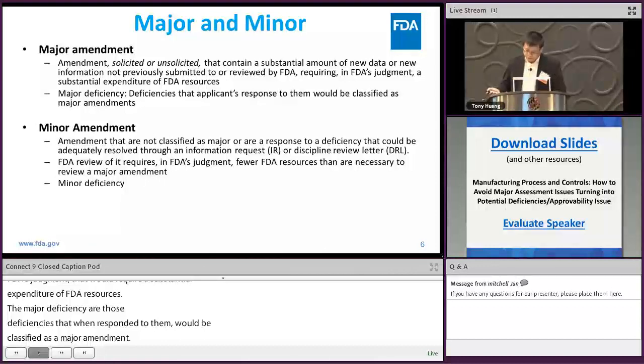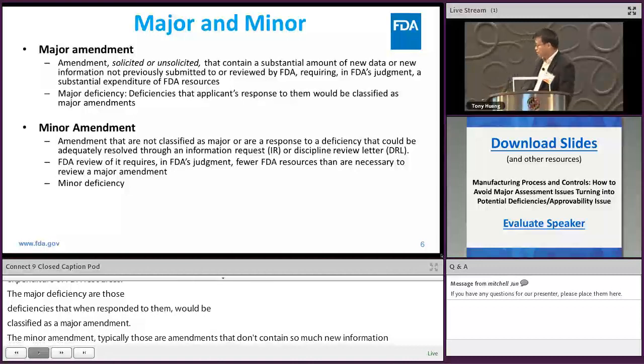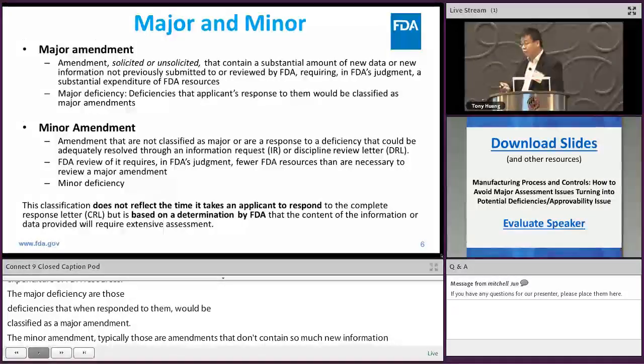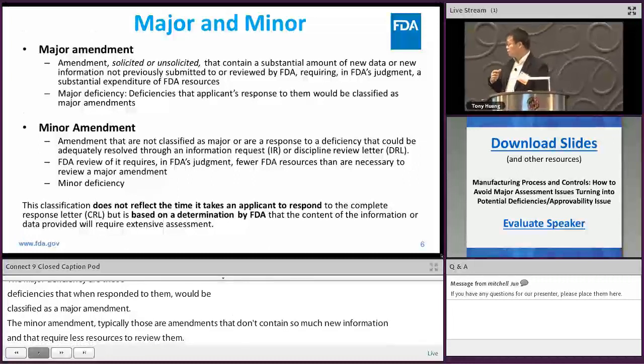So the classification does not reflect the time it takes for you to respond. It's based on a determination made by the agency about the time and effort to assess the application.